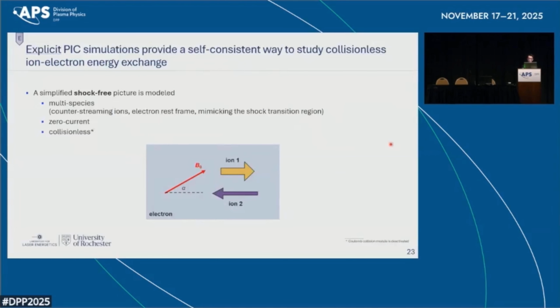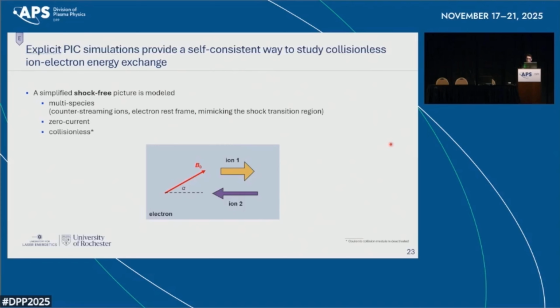Okay. So an explicit PIC code without any approximations provides us a self-consistent way to study collisionless ion-electron energy exchange. We built a simplified shock-free picture here to mimic the shock transition region where most of the heating happens. It is very important to know that we do not want to simulate a full shock because we have already done that.